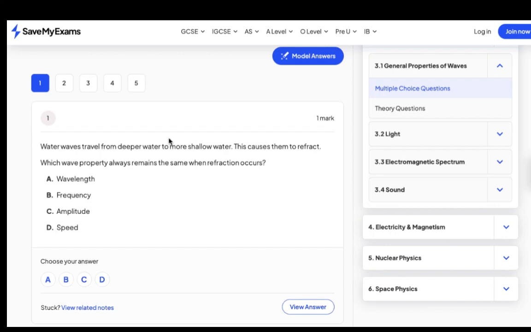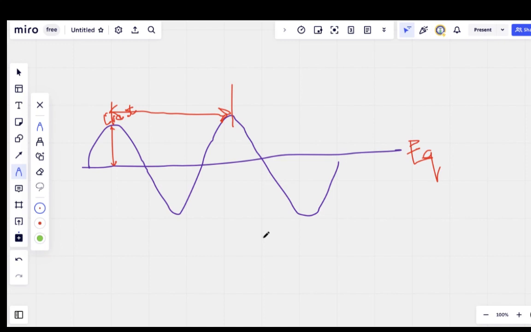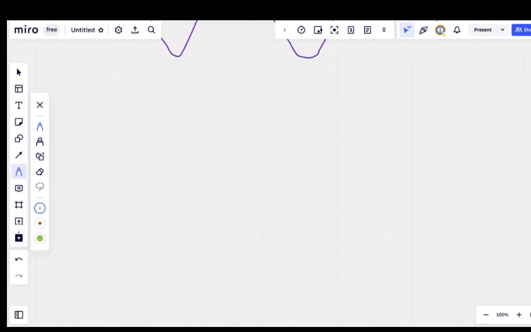Refraction happens when you change medium. When a wave travels from deeper water to shallower water, the wave will refract.